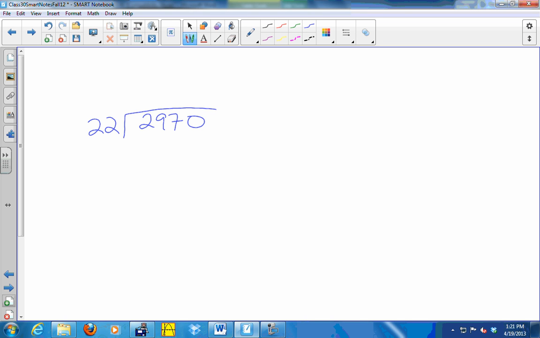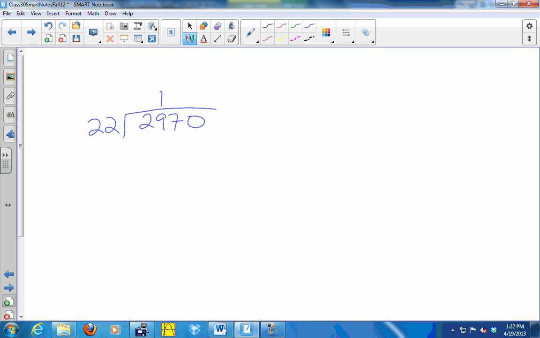So the important distinction is that first we're comparing this digit to this digit, right? And 22 is less than 29, so I'm looking at the 22 and the 29. You say, how many times is 22 going into 29? And it is once. So the first thing to compare is the leading digit. So that's 1 time.